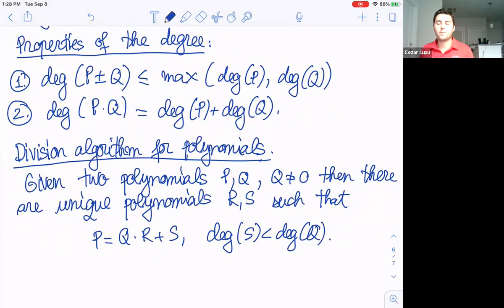And you can divide polynomials in this way. Anyway, I'm not going to go into details about this.